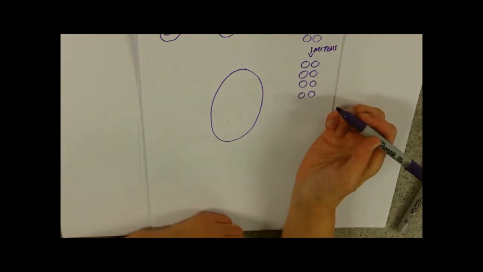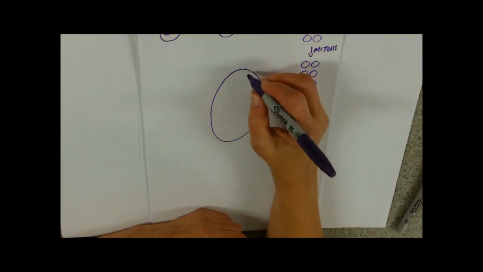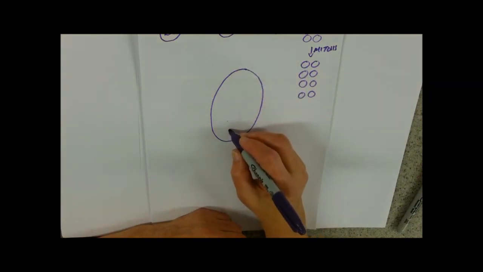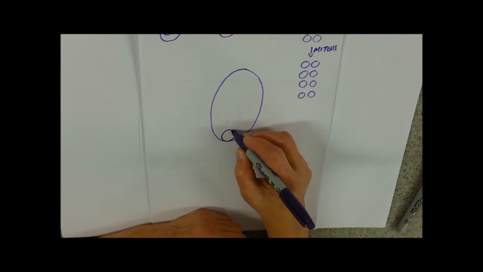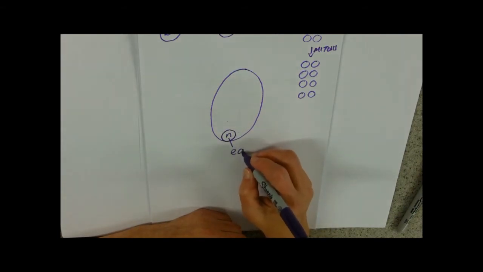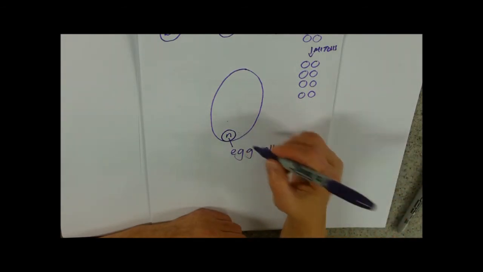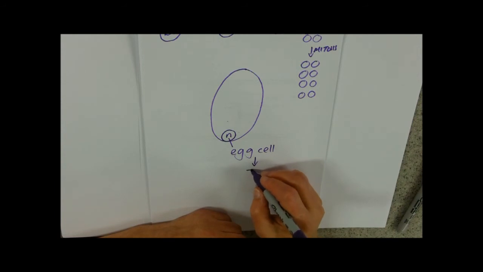And they are arranged in the embryo sac like this. So we've got 1 cell down here. That is effectively the egg cell. It's that one that's going to get fertilised and make a zygote.